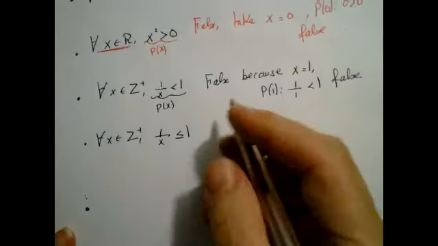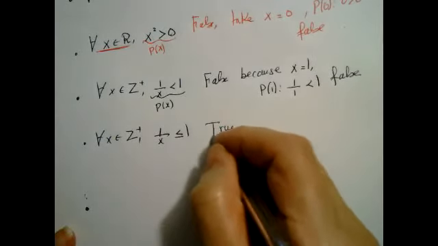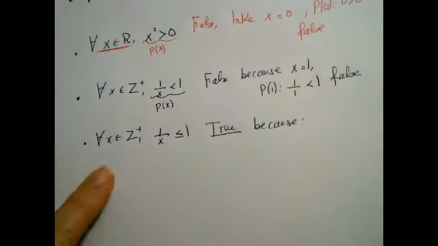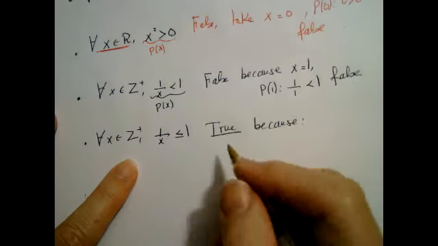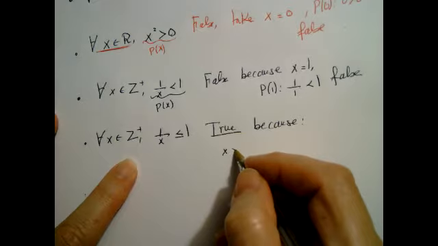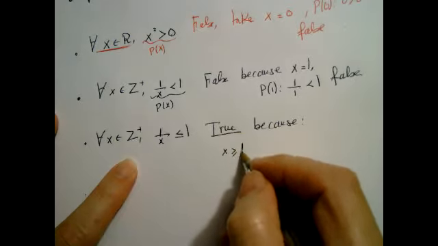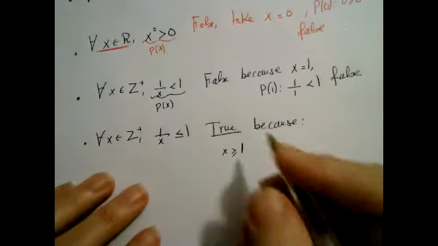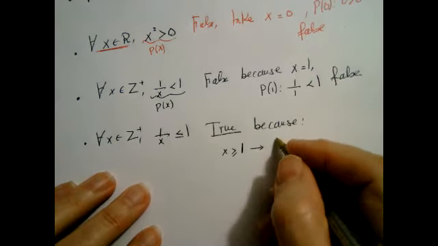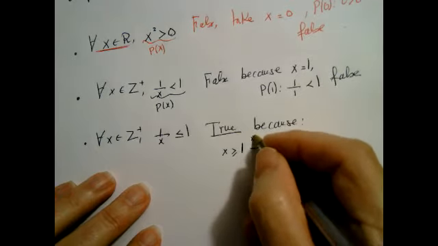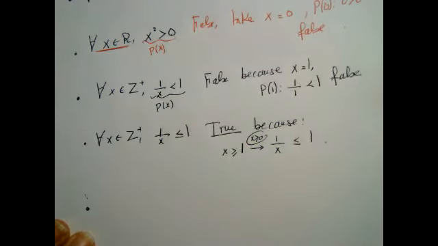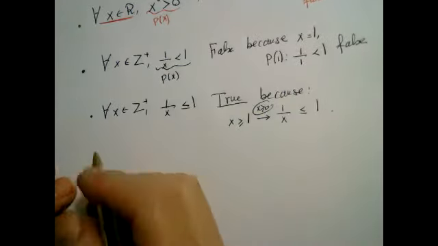True, because it's going to be either 1 or less, since one is the greatest fractional number that you can create out of two positive integers. x is bigger or equal to 1, and x is positive, and always the positive plays a role, meaning 1 over it will be less or equal to 1. Absolutely correct. All right, two more, and then we proceed.